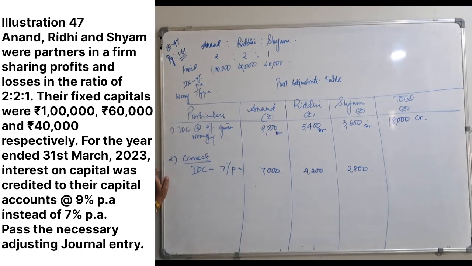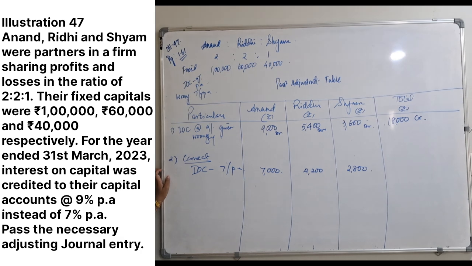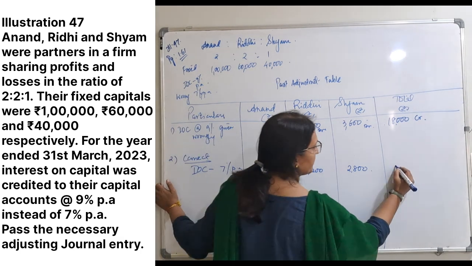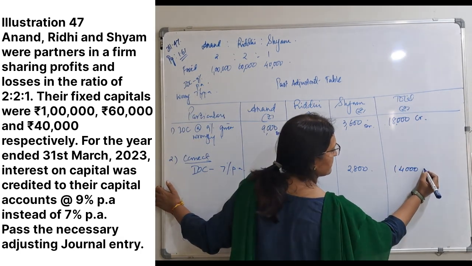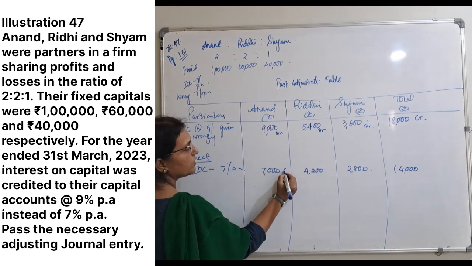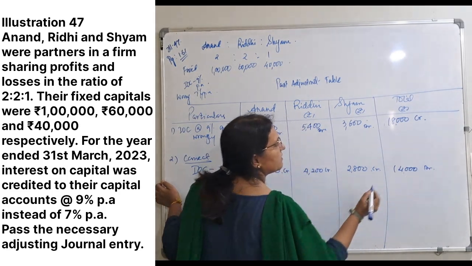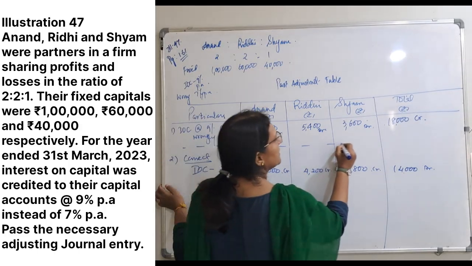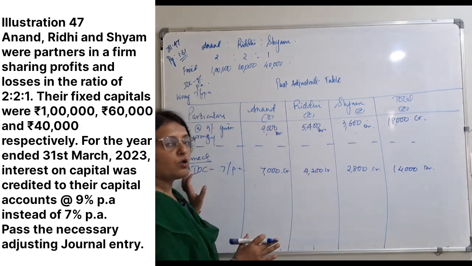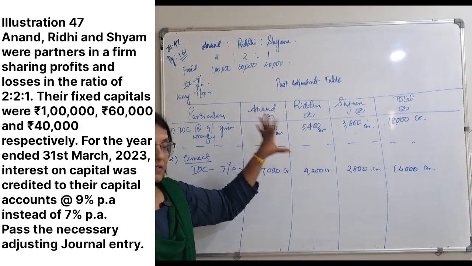So the total will be 14,000. This is what we had to give the partners, and this will be debited to the firm. The top one I have written is the wrong one, and this is the correct one.